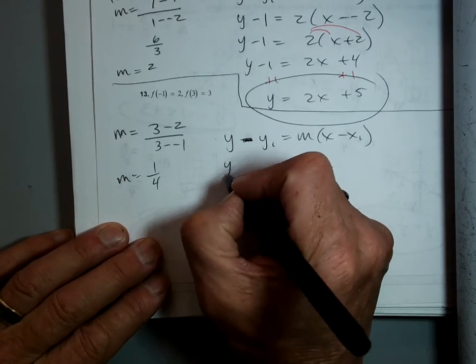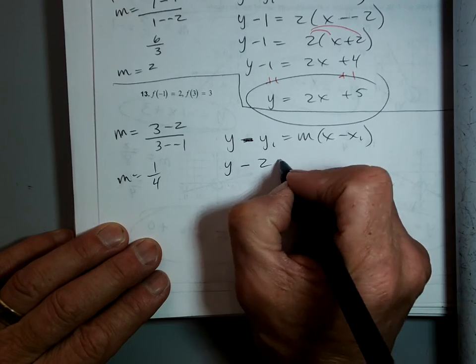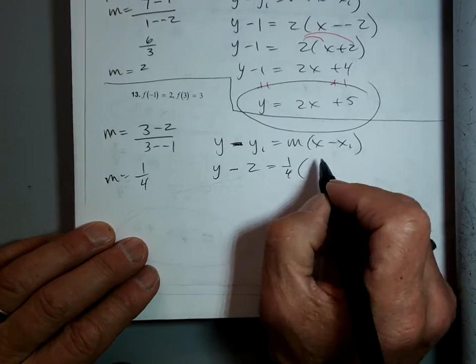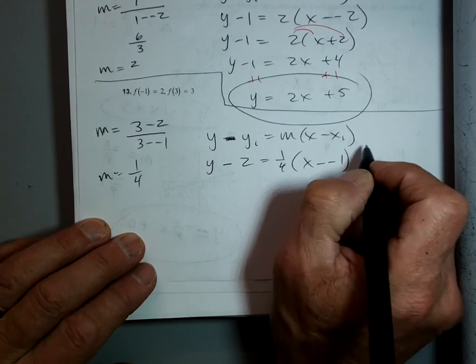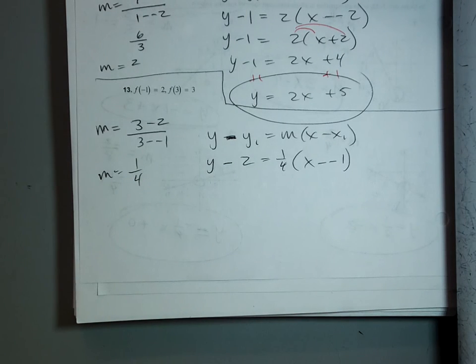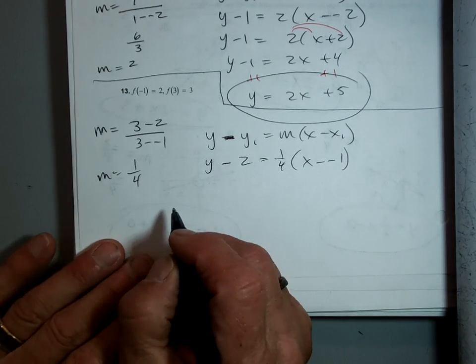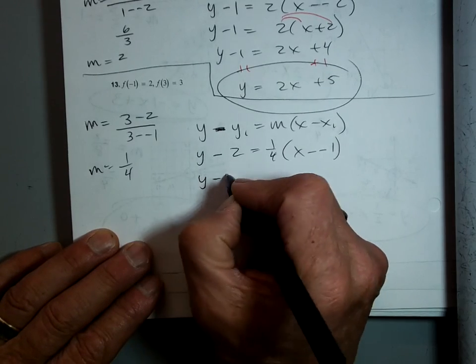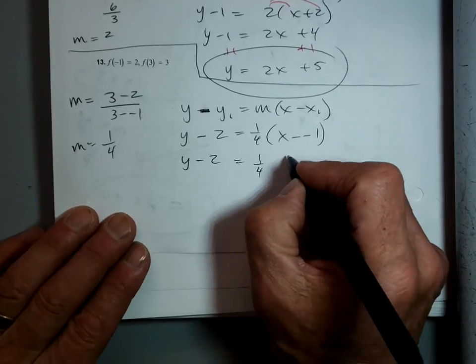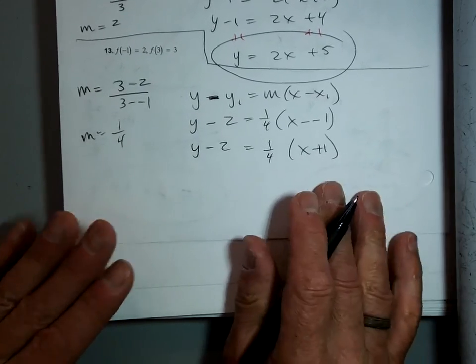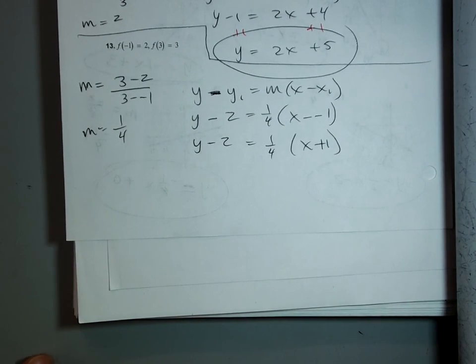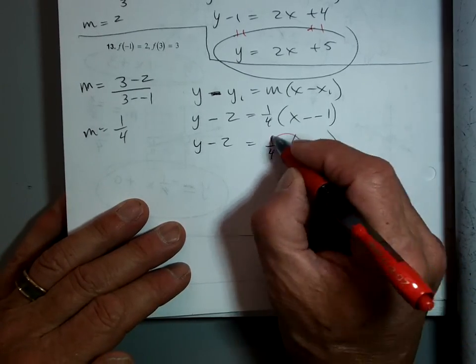I'm going to get a y minus 2 equals 1/4 times an x minus minus 1. Okay, you got these numbers. Am I working ahead of you? Or are you guys ahead of me? Jen's already done, right? Yes. Y minus 2 equals a 1/4 times an x plus 1, right? I'm going to distribute this times this times this, right?